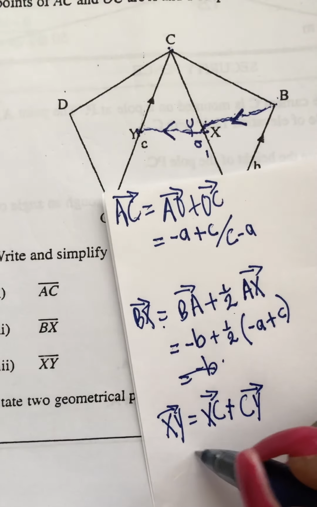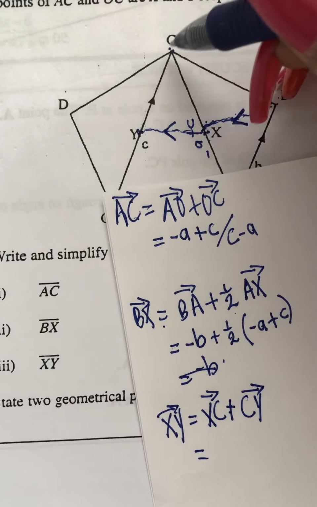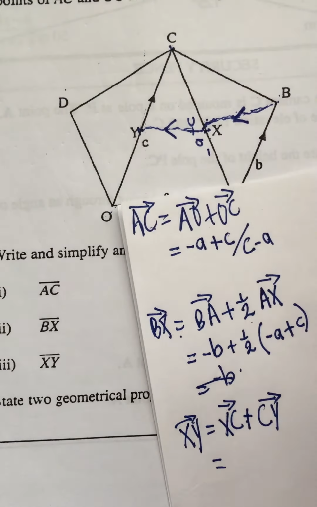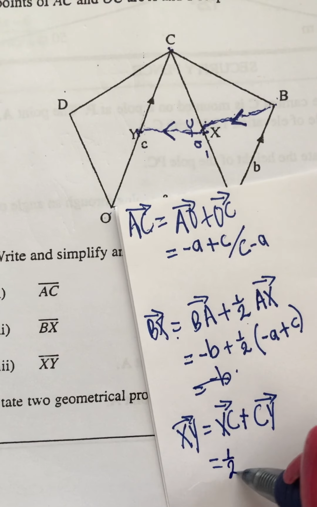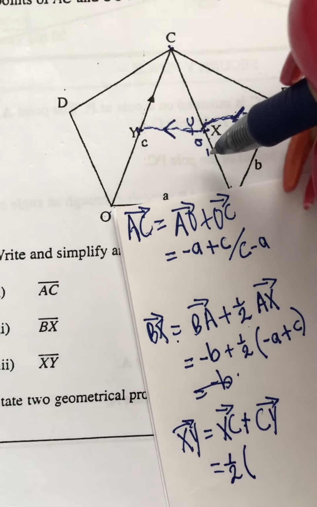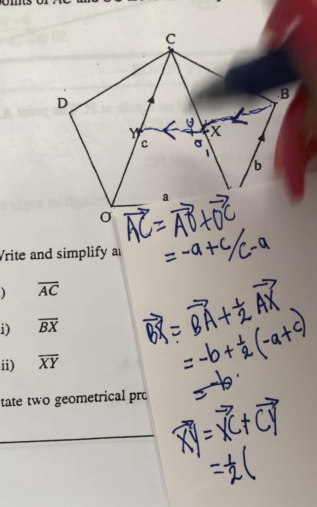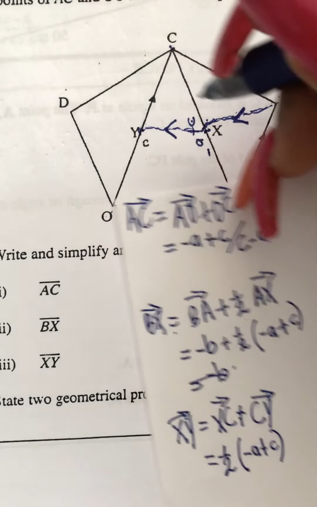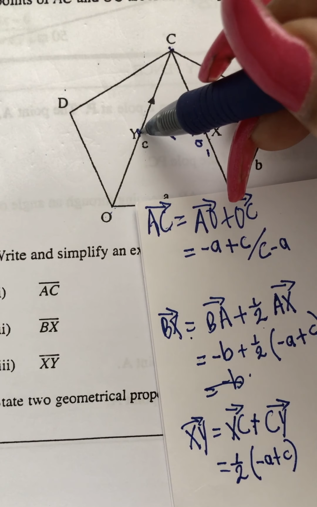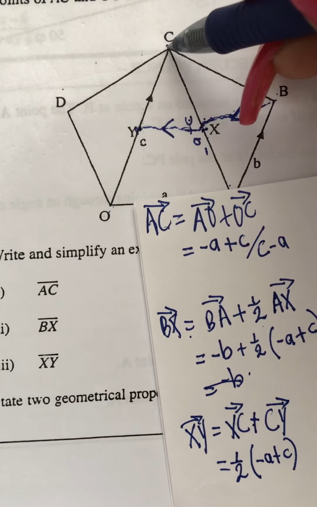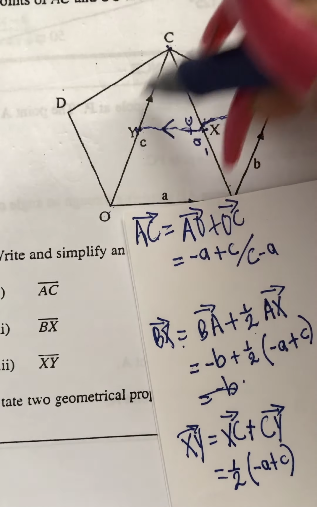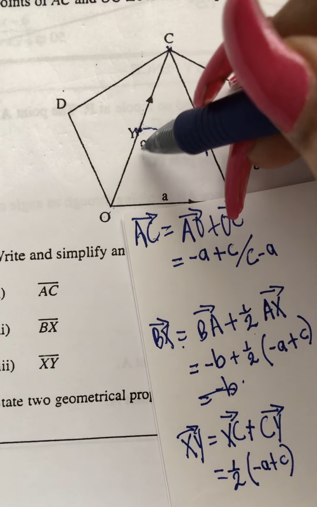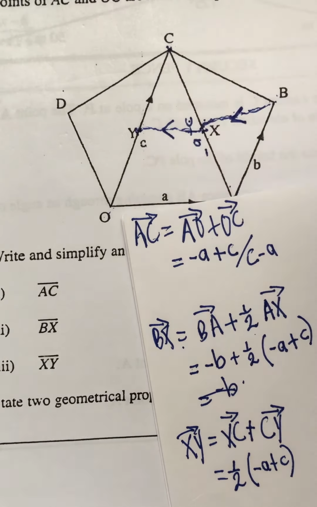Now let's go. Remember, X to C is half of A to C. So it's half of AC. What is AC? AC is minus A plus C. Now CY is half of CO. Half of the whole. And we are going in the opposite direction. So it's going to be a negative.